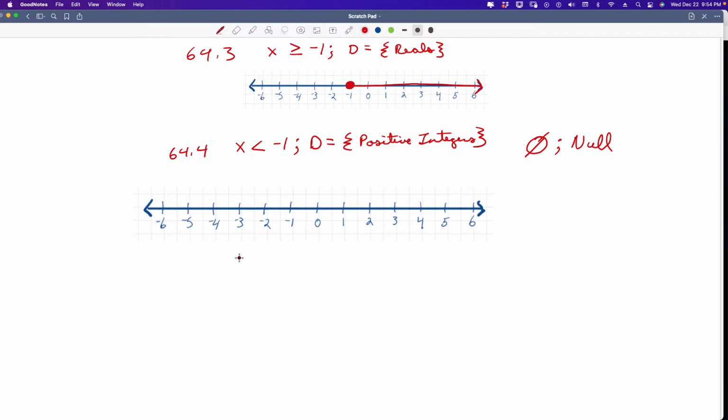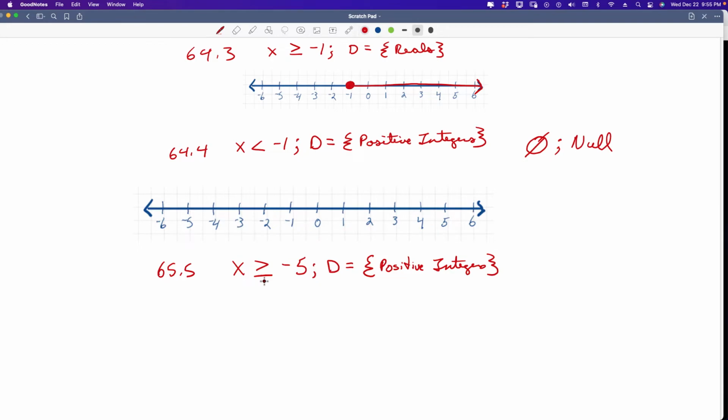All right, what if we have another one? 65.5. Let's say we have x is greater than or equal to -5, and the domain is equal to positive integers. What that means is that x is going to be greater than or equal to -5, but the answers can only be positive.